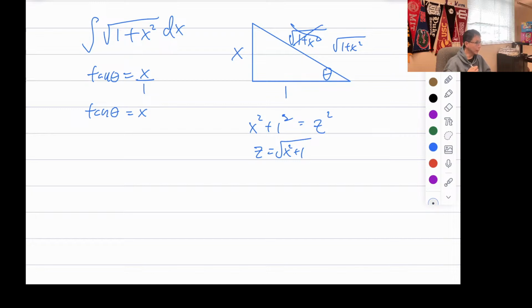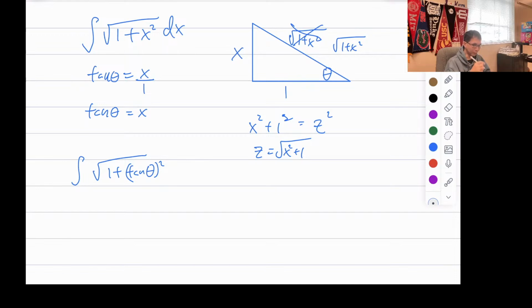So the thing is, you want to substitute like this, 1 plus tangent squared theta because of x, right? And that makes it so that it's like secant squared or something like that.